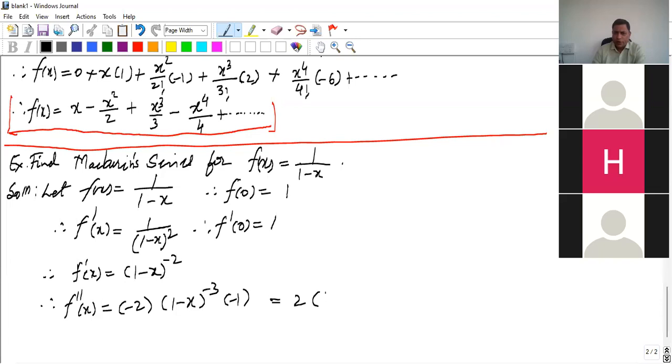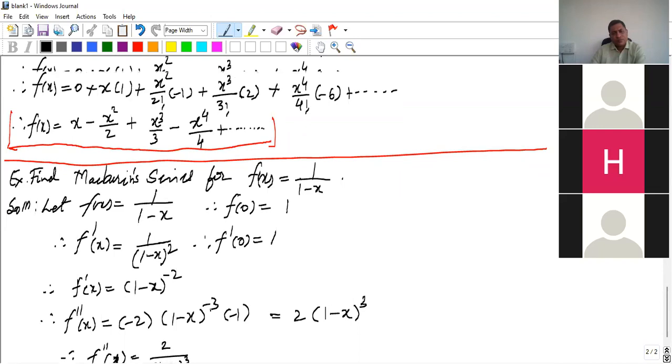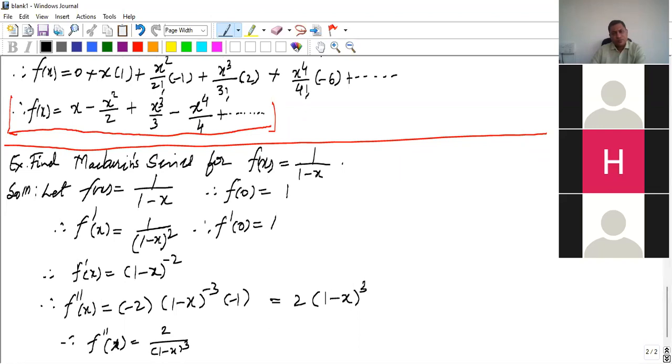So it is 2 into (1 minus x) bracket cube. Are you getting this term? Yes, sir.